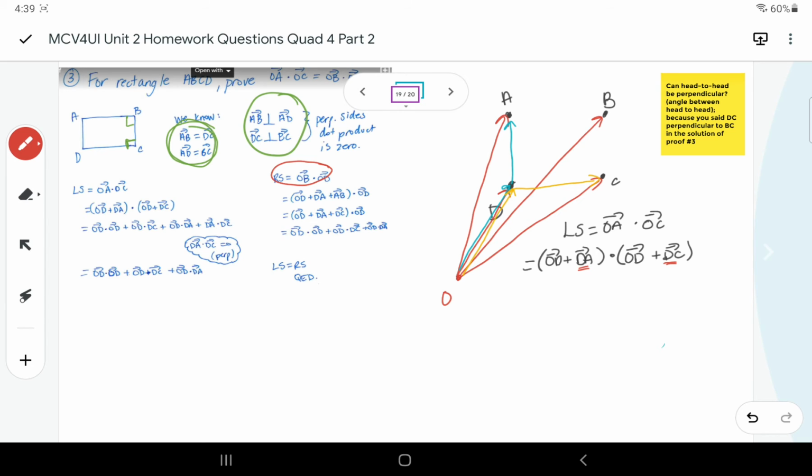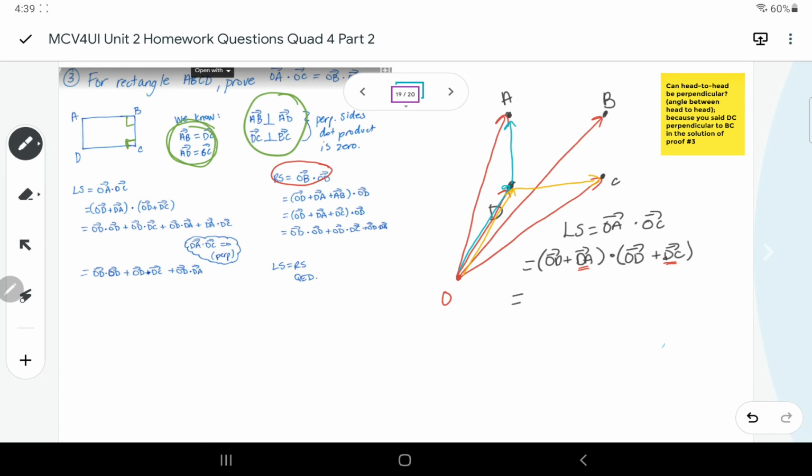And I've also reduced the number of vectors that I don't know anything about, because I don't really know where A, B, C, and D are in terms of the origin. I want to get things more in terms of each other, using more of the vectors around the rectangle. That's my thought process there.